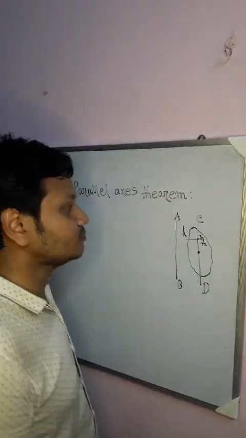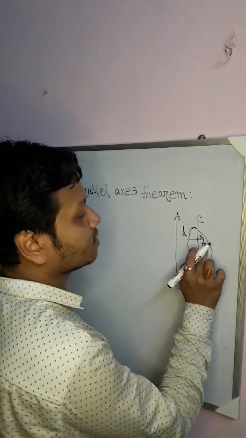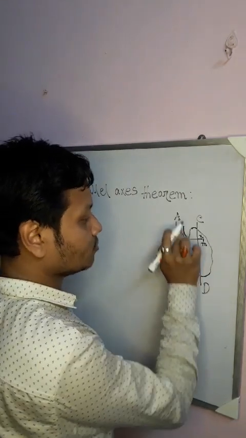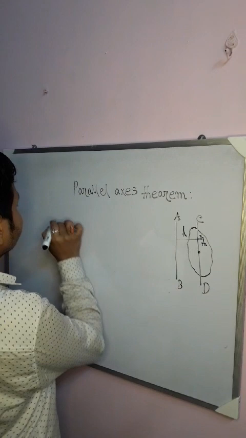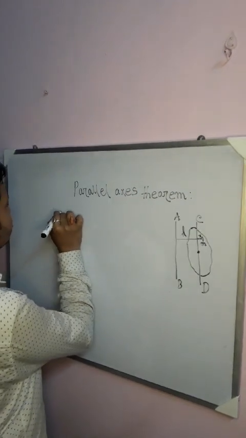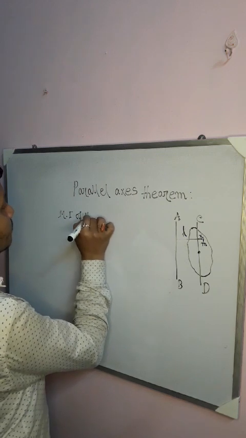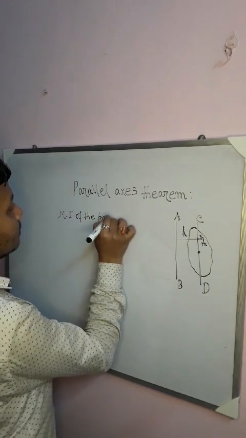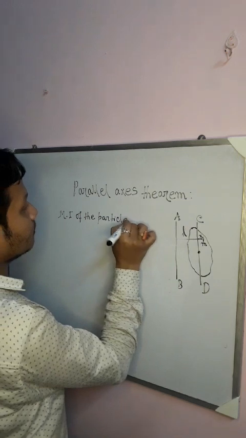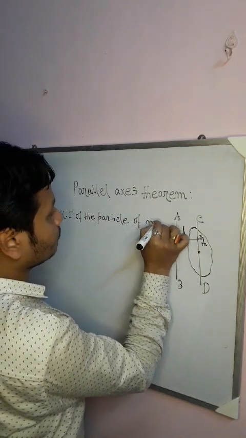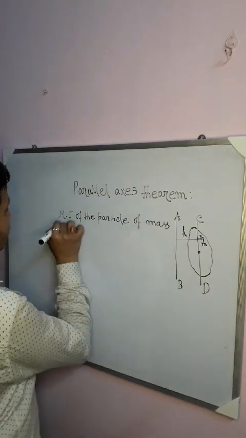So what will be the moment of inertia of the particle of mass m about the AB axis?